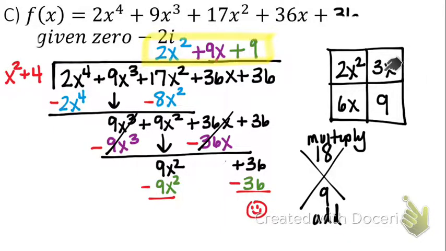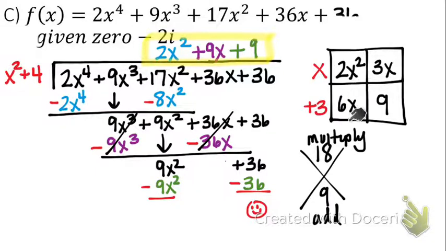Now you go ahead and take out your GCFs, each column, each row. So what would be the GCF of this top row? What can I take out of these two? X, yeah. And then this bottom row, 3.